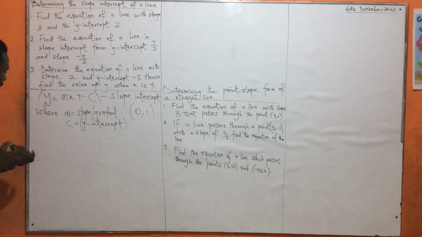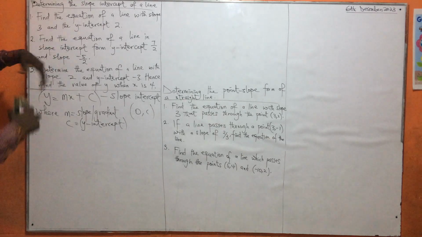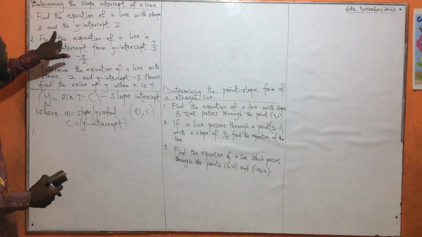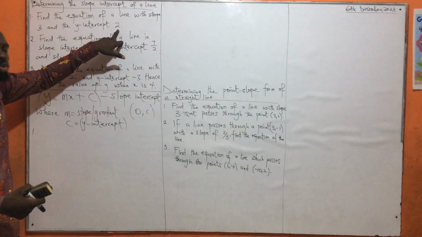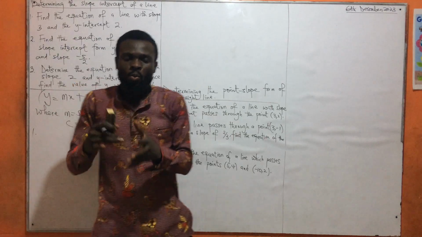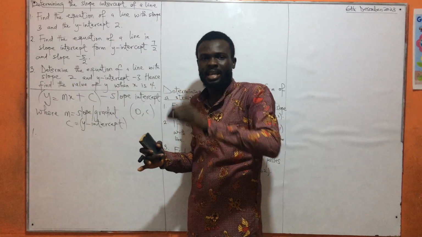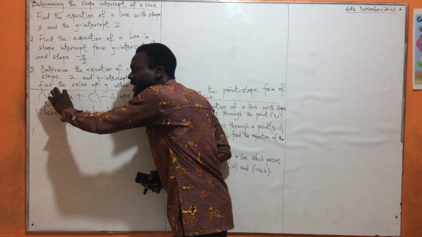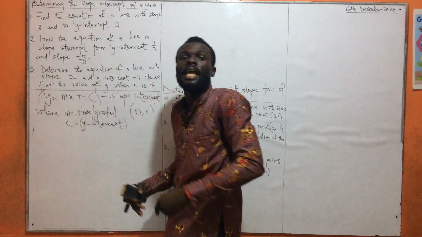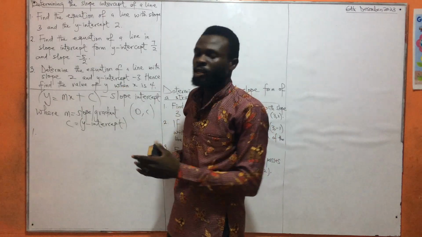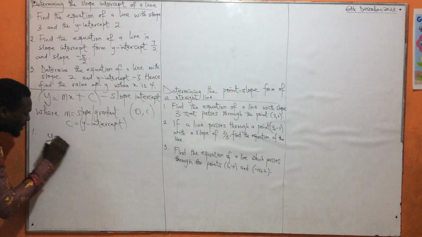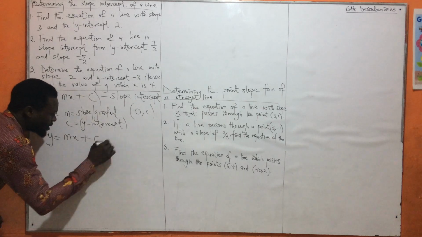So let's take the first example. It says find the equation of a line with slope 3 and y-intercept 2. Here we want the slope intercept form. If I know my gradient and I know my c, that gives me the equation of that line. So the slope intercept is y is equal to mx plus c.